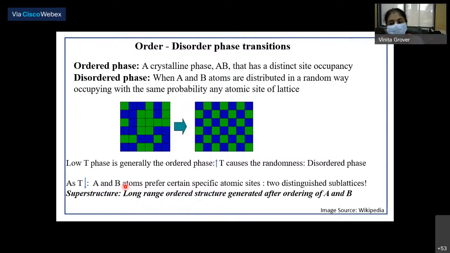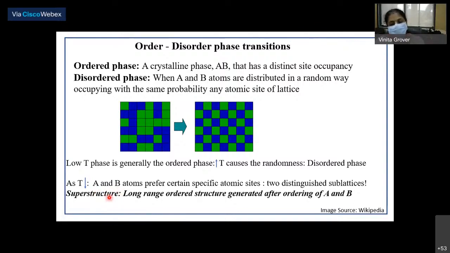Given that ordering happens in them, for them the lowest energy configuration would be the ordered lattice. So low temperature phases are ordered and less symmetric. High temperature phases are disordered and more symmetric.